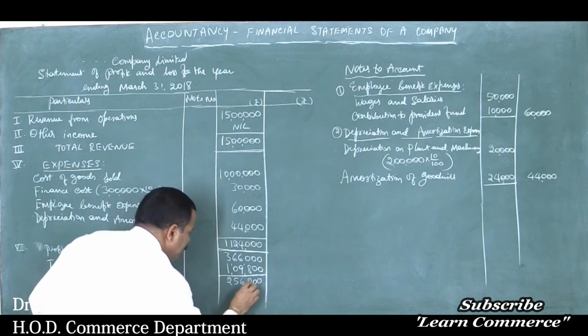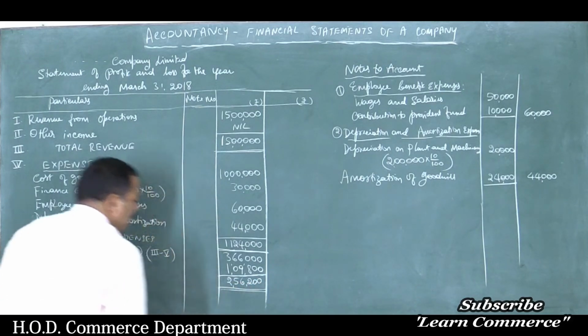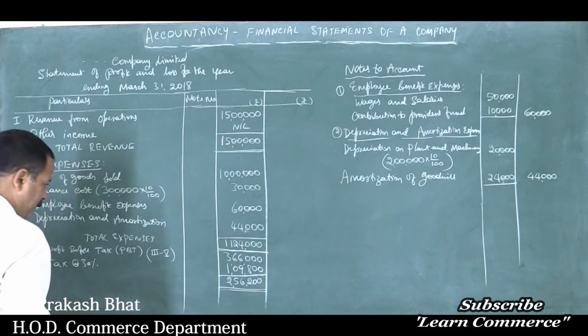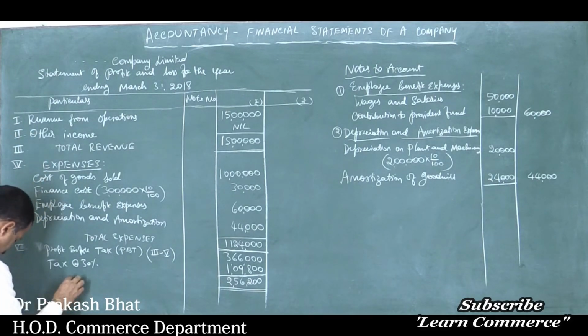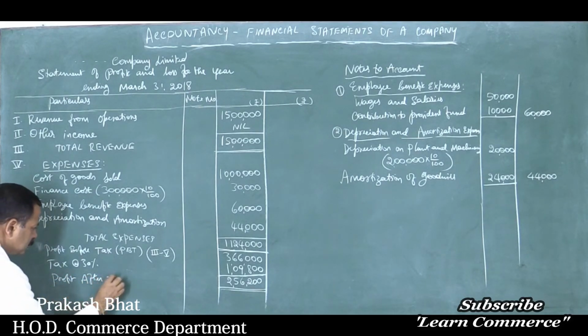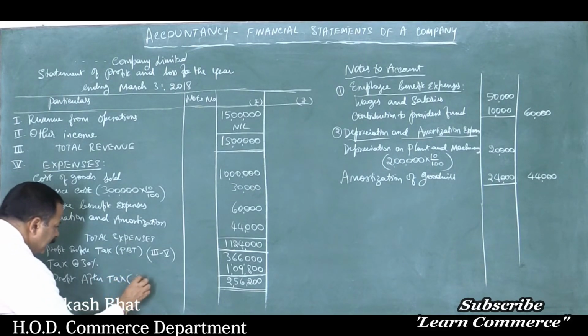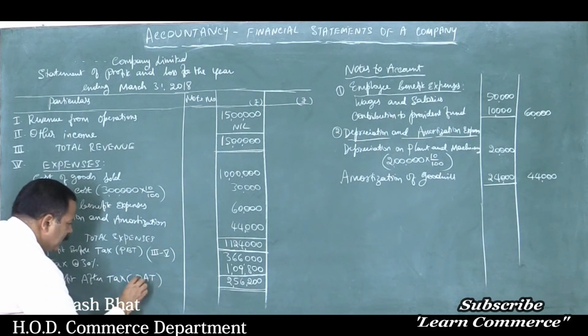In your question bank, the answer is given as 2,50,200. It's wrong, remember, it's wrong. So here write profit after tax, that is PAT.